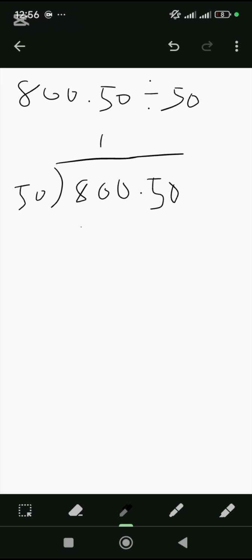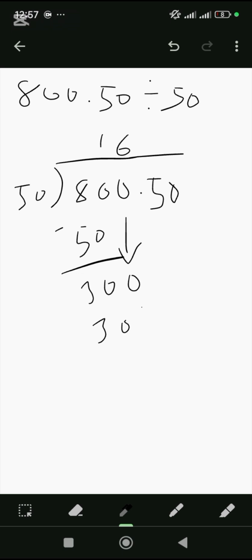You multiply, you have 50. You can subtract, this will give you 30. Okay, so now you can bring down the 0. This is 300. How many 50 are in 300? That's 6. You multiply, that will give you 300. You subtract, that will give you 0. Now you can bring down your 5.